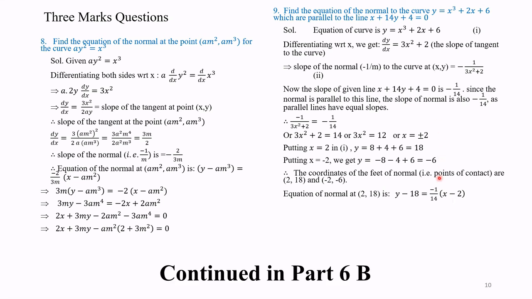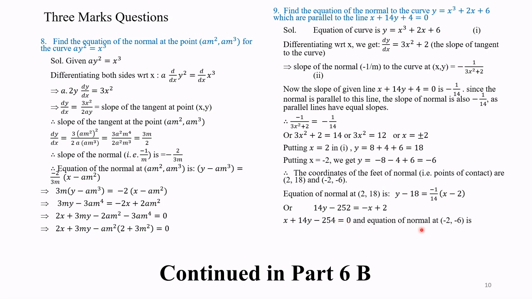Therefore, 14y minus 14 into 18, which is 252, is equal to minus x plus 2. Therefore, x plus 14y minus 254 equals 0.